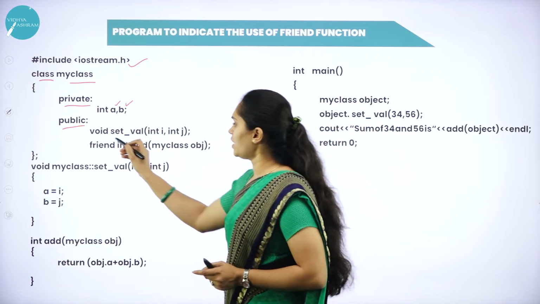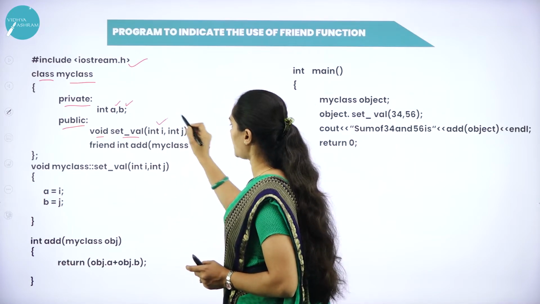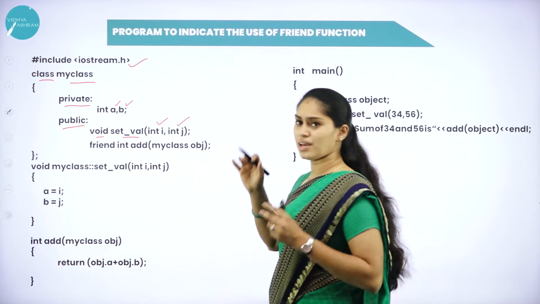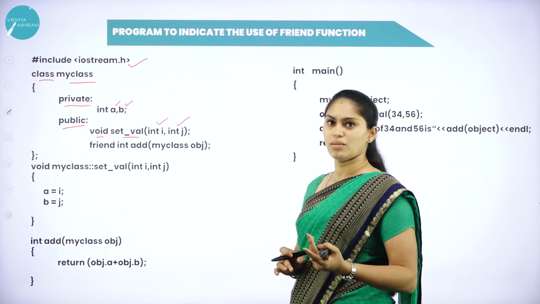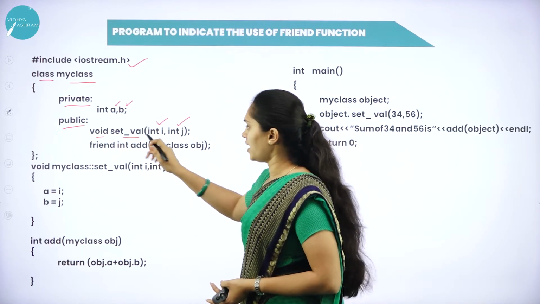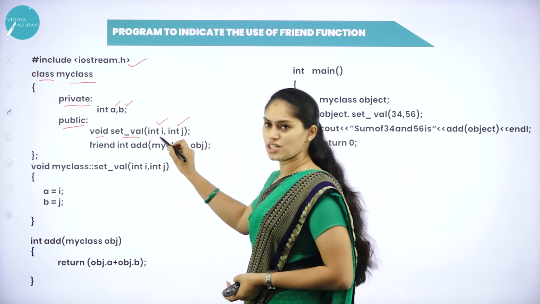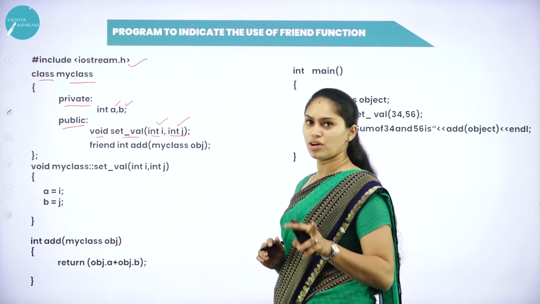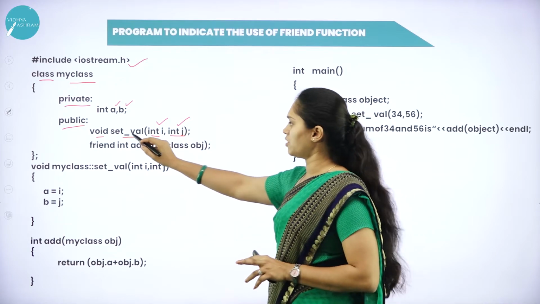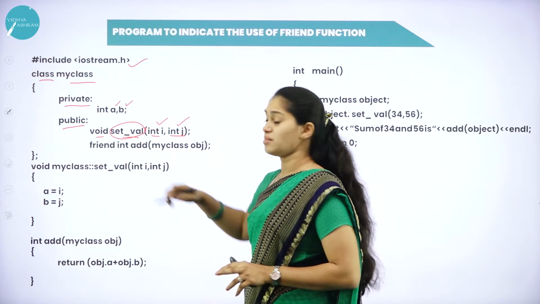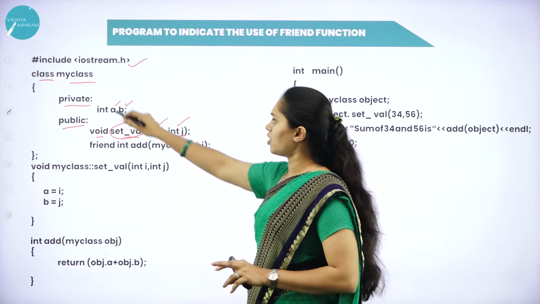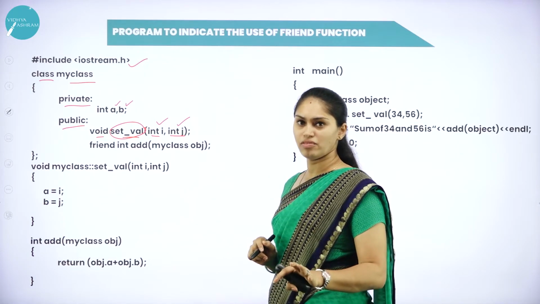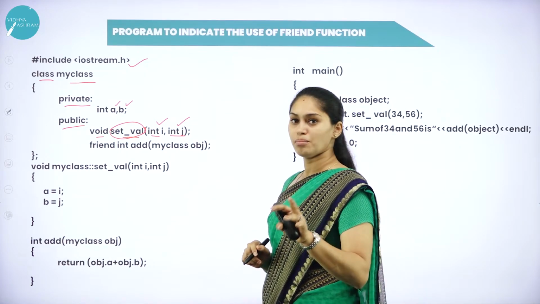Here, void setval of int i, int j: I am taking one member function, setval, with return type void. These two, int i and int j, are the argument list of the function setval. It is a member of the class MyClass.